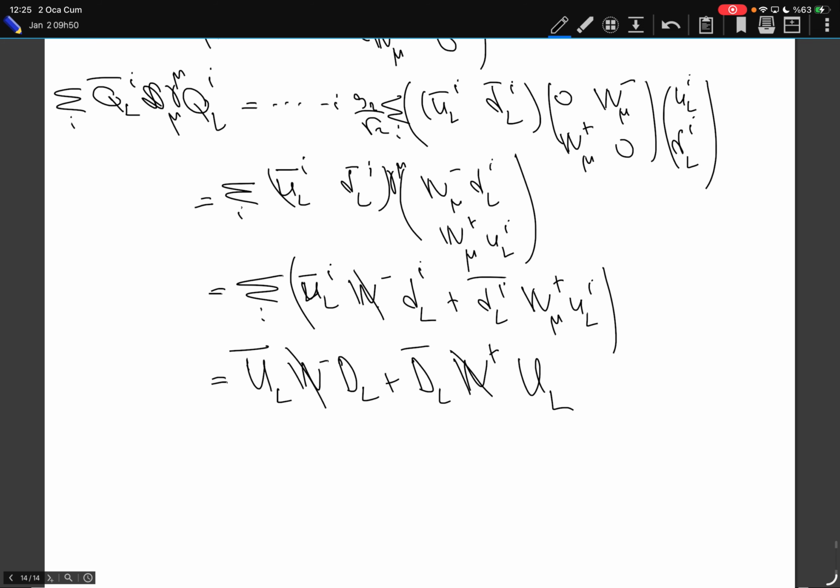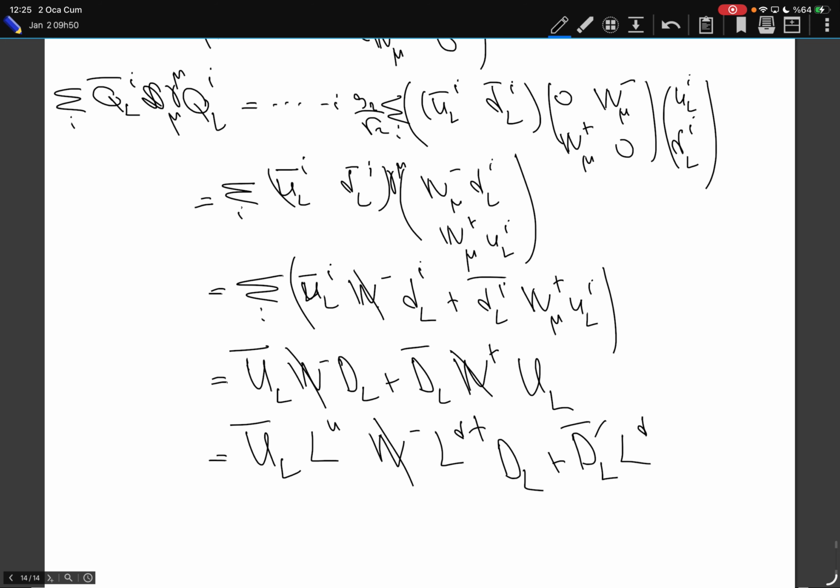Now I can go to the primed fields. This will become UL bar LU dagger omega minus slash LD, no, this is LU, the other one is LD dagger, plus DL bar LD, these are all prime fields now, omega plus slash LU dagger UL prime.